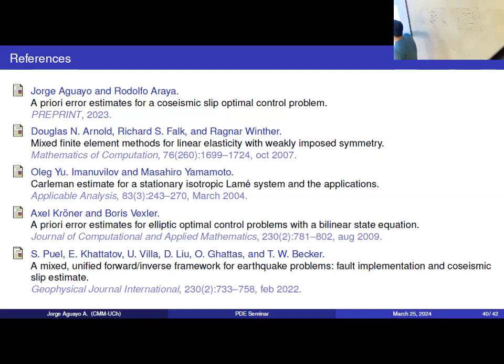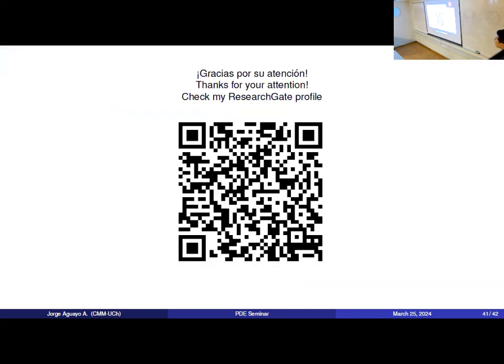This is Ronald Wexler, one of the best papers for all the people that want to work on applications of finite elements in optimal control. Imanol Yamamoto, the paper for the Kalman inequalities, and this is a classical paper for all the references about the mixed finite element formulations, like the first one. So that's my presentation. Thank you for your attention.